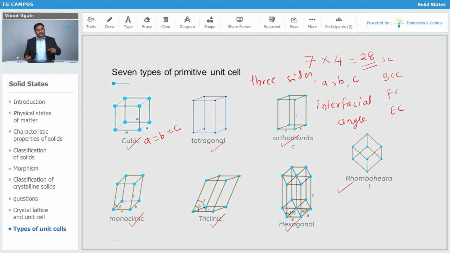In case of angles, interfacial angles, that is alpha, beta and gamma. These 3 angles we are going to consider. Likewise, in square we have seen that angle between 2 sides is going to be 90 degree. In case of cube also, the interfacial angle in each face is going to be 90 degree. So all parameters are same.